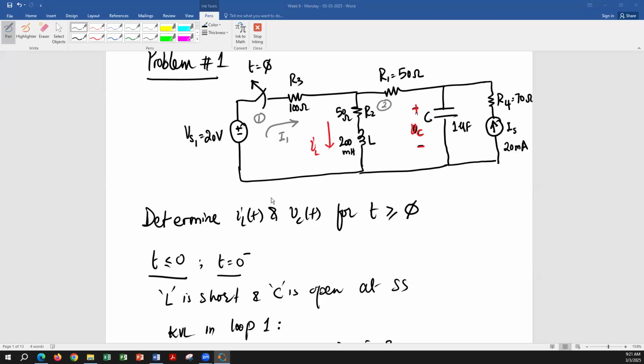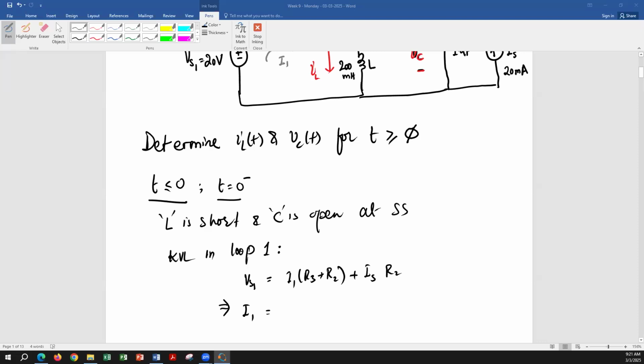Okay. So now my I1 is VS1 minus IS times R2 divided by R3 plus R2. It's 0.1267, or 126.7 milliampere.